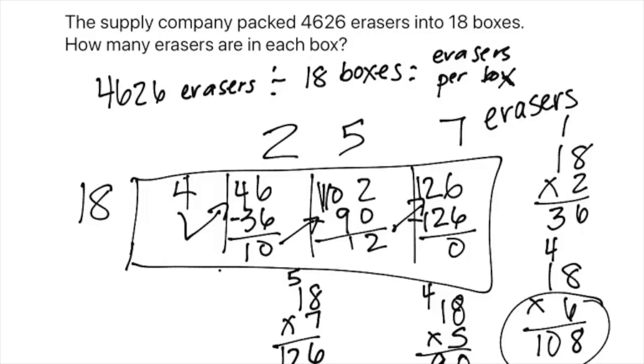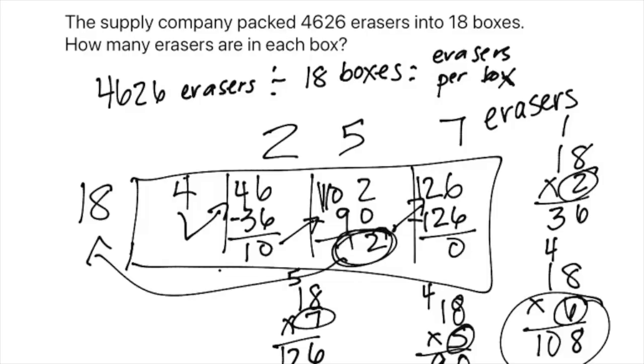All right, this method is really simple to use because you only have to worry about doing a single digit multiplication to get your answer. But you do need to watch for when you're subtracting. First of all, to make sure you're subtracting correctly, and then also to make sure that this number is always lower than your divisor.